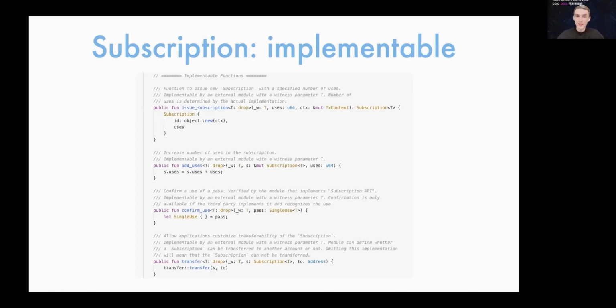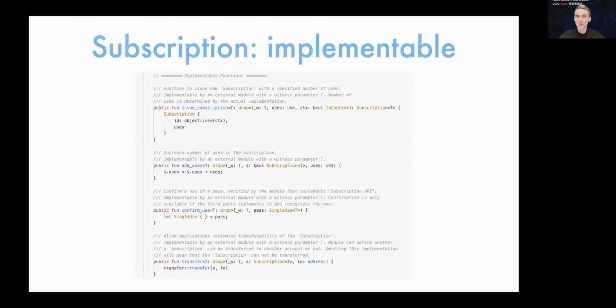But if I'm building a marketplace with a special, I don't know, promo subscription, like you get 1,000 discount codes or something like that, you define how the subscription is created through the witness implementation. You can also implement a function for how to top up, how to add more uses, and how to prolong your subscription.